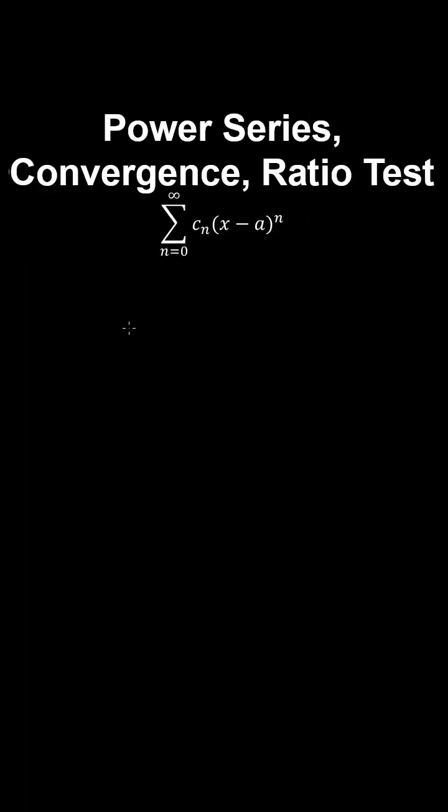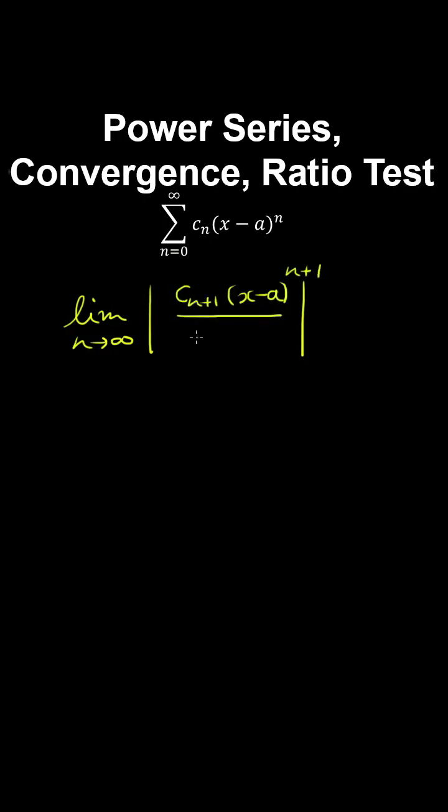To determine the radius of convergence for a power series, we use the ratio test. So we take the limit as n approaches infinity of the absolute value of the next term in the series to the current term in the series. We take the absolute value because this expression can be negative.